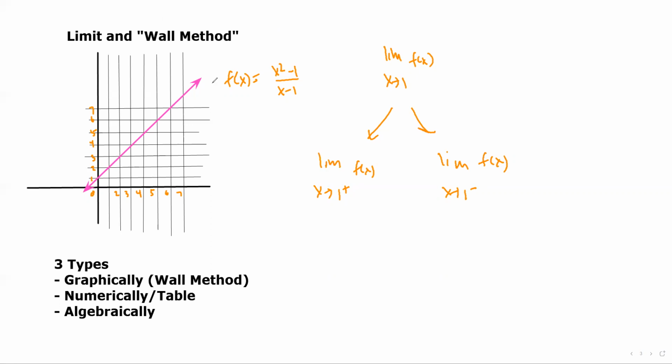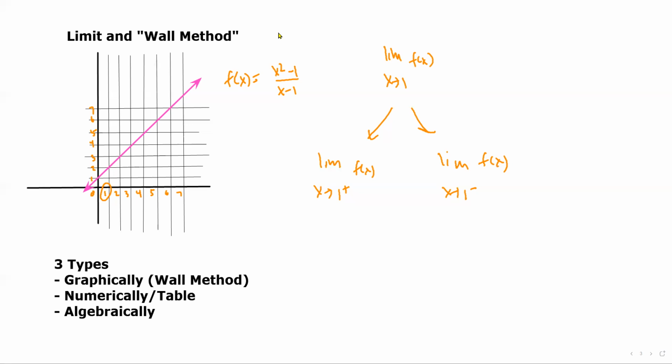All right, so what is the wall method? Well, the wall method basically is, I need to find out where x is 1. So 1 is right here. Here's my x-axis, and 1 is right here. And I'm trying to figure out what the limit is going to as x approaches 1 from both sides.